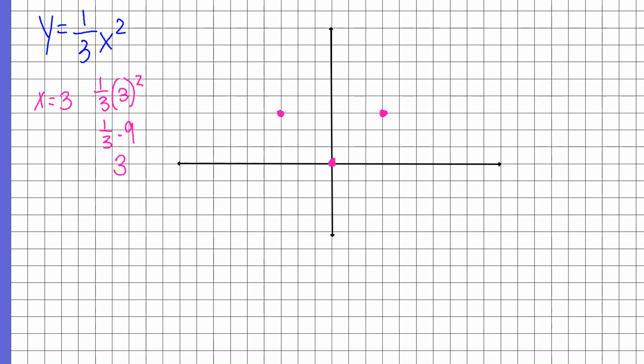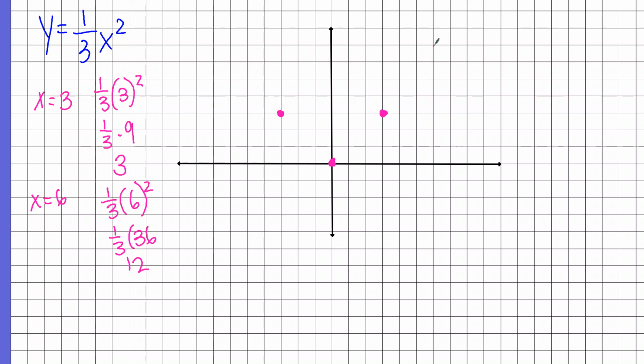And then if I want to do another one, I would say 6. So if x equals 6, oh yeah, that's already not fitting. Because that would be 1/3 times 6 squared, and 1/3 of 36 is 12, and that's not going to fit on my graph. But I can estimate.